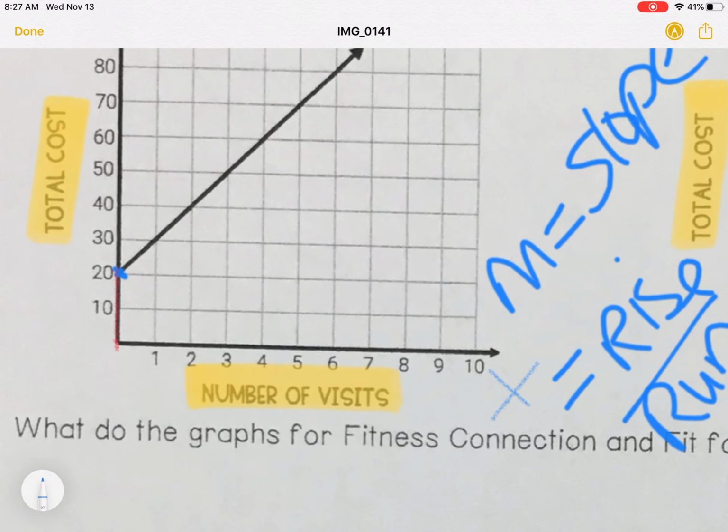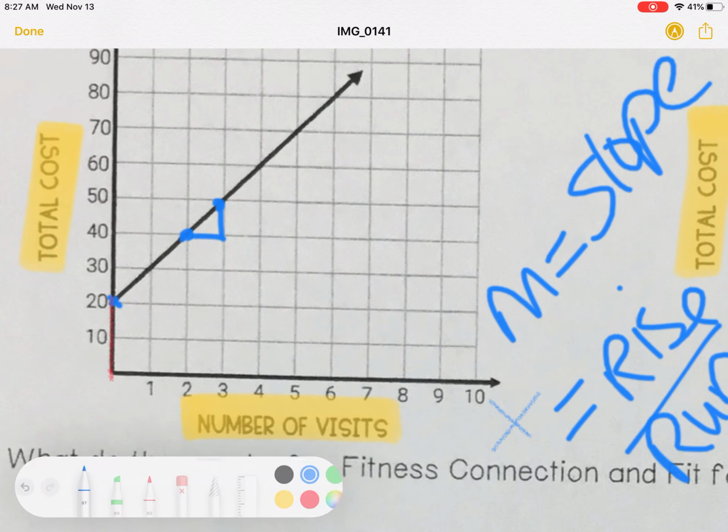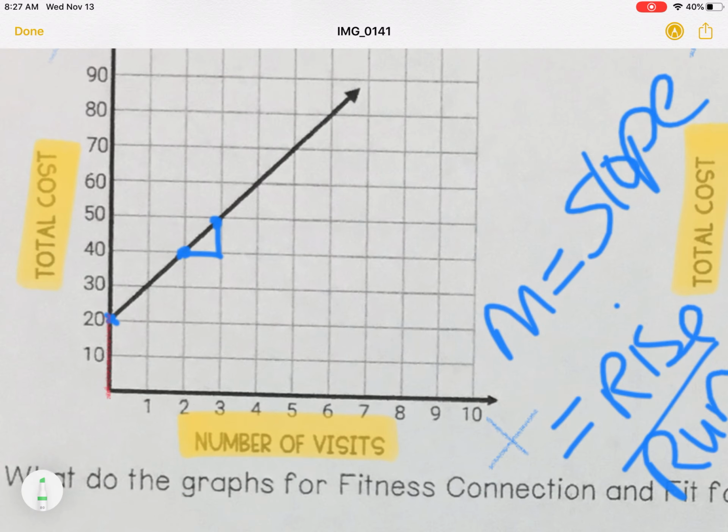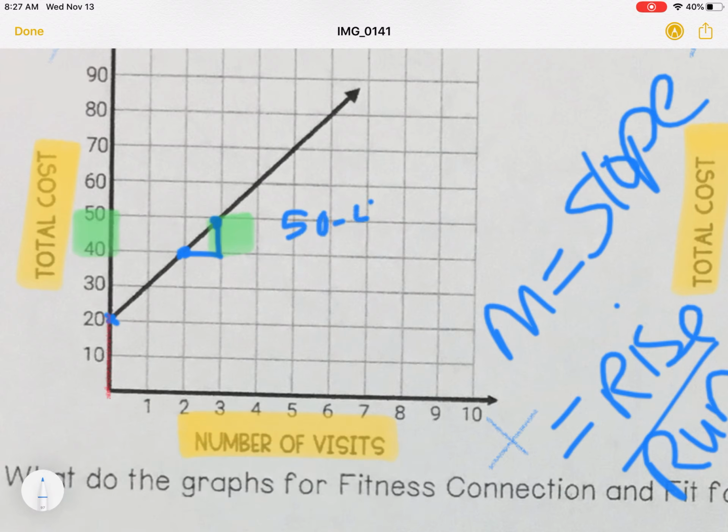Okay, well, let me plot 2 points. There's one, there's one. I draw my right angle. Well, what is my rise? My rise is from there to there. Well, this starts at 50 and goes to 40. So what's 50 minus 40? 10. So 10 is my rise.